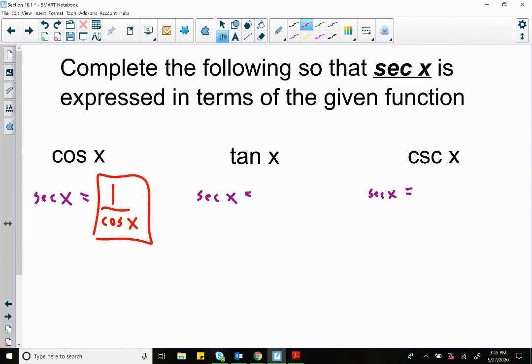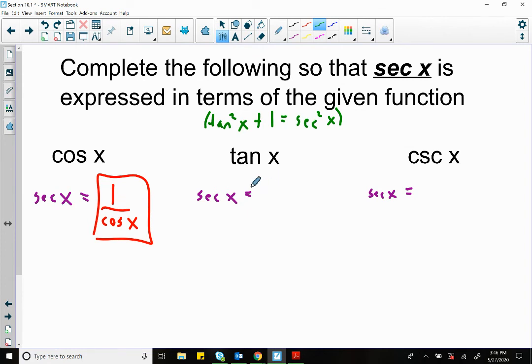Now this one, hopefully you went to your little Pythagorean identity, because you can see that there's a Pythagorean identity that says tangent squared x plus 1 equals secant squared x. All you have to do is get rid of the square. How do you get rid of something squared? You square root it.